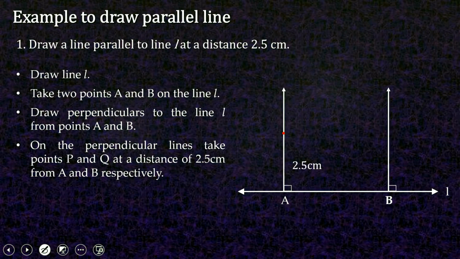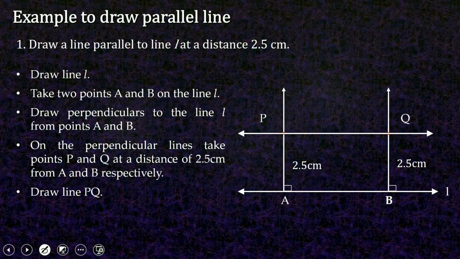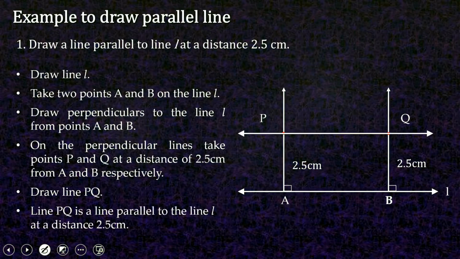You can do this with the help of a scale. Take 2.5 cm and draw a line PQ. So line PQ is a line parallel to line L at a distance 2.5 cm. In this way, you can solve the problem.